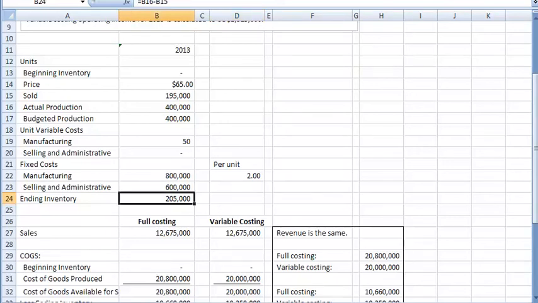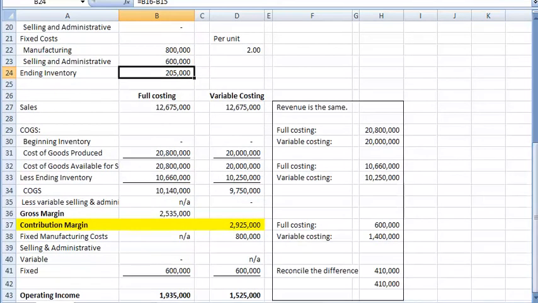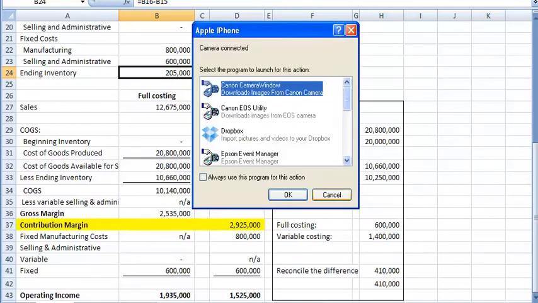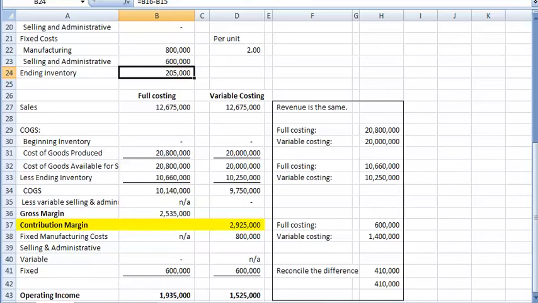Now your ending inventory is derived by just taking the difference between your actual production and the amount sold. So the heart of the schedule is here. Full costing is just your traditional income statement, where you take your sales and you subtract your cost of goods sold. Now cost of goods sold is arrived at by taking beginning inventory, which was 0, adding our cost of goods produced, and subtracting our ending inventory.